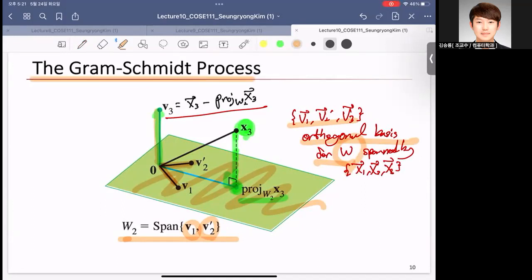You can find an orthogonal basis from the basis vectors for the arbitrary subspace W. This is the Gram-Schmidt process. It's very, very easy, right? And very, very intuitive.